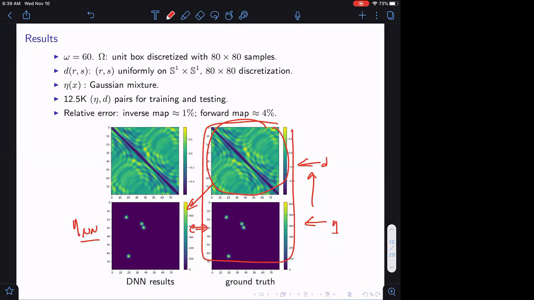You can do the same thing for the forward problem in a similar fashion, but here let's focus on the inverse map. If you measure the relative error of eta neural network minus eta, it is roughly about 1% in these cases. With noise, the performance is going to deteriorate, but here I'm only showing you the clean case, without noise.